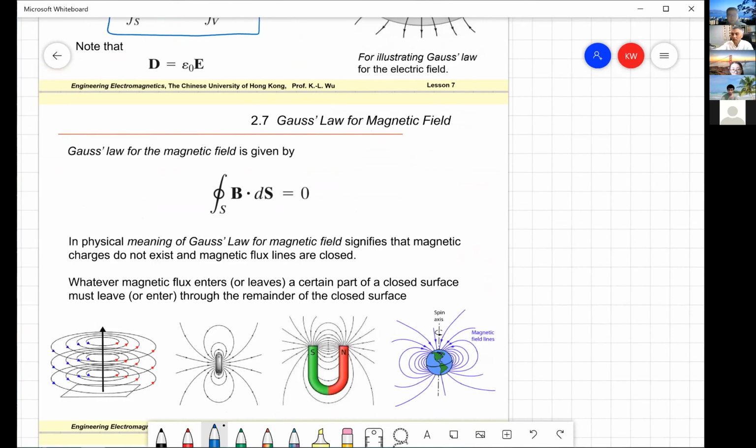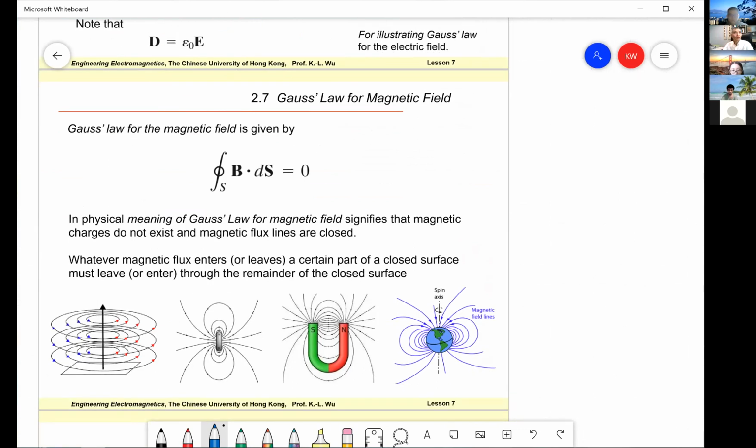Let's look at Gauss's law for the magnetic field. Whenever we call it Gauss's law, it deals with the collection of the flux of a field. Just now we collected the flux of the electrical field. Now let's collect the flux of the magnetic field.